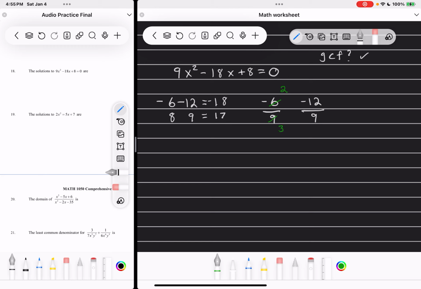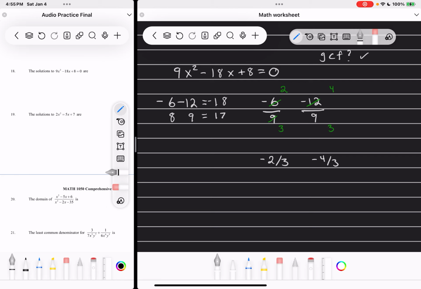Out of the 12 and the 9, we get a 4 and a 3, dividing them also by 3. So everything's divisible by 3 in this case. Let's look at what we have left over now. We have a -2 over 3 and a -4 over 3.